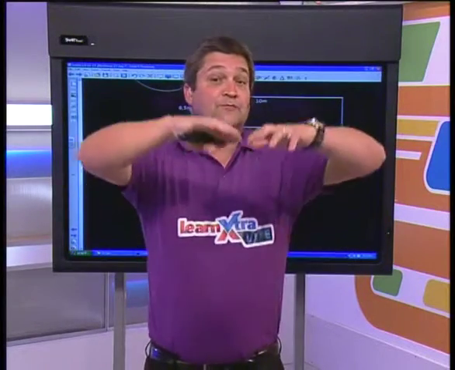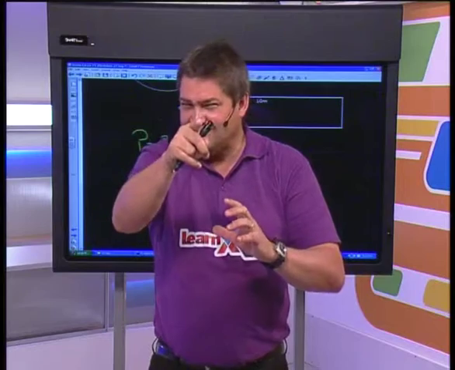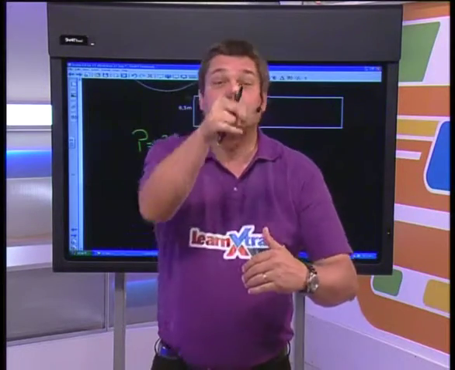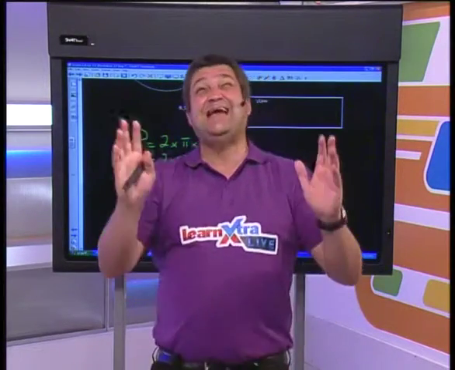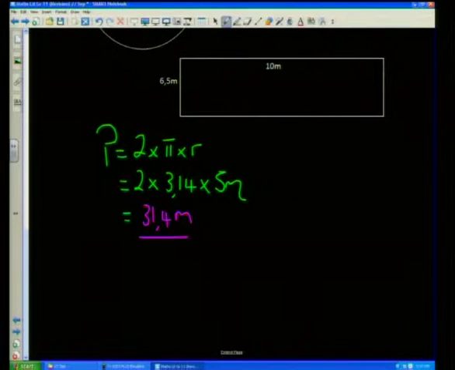Okay, remember when we're dealing in perimeter, our unit is just the unit that we're dealing with. If we were dealing in area, it would be our units squared. If we were dealing in volume, it would be our units cubed. Got that? I say that quite often, don't I? But it's something you've got to remember. And sadly, it's something a lot of people in matric forget about. So I've got 31,4 meters.